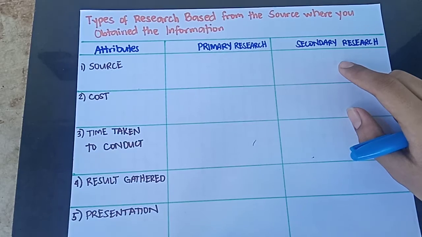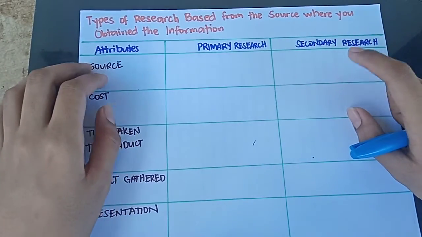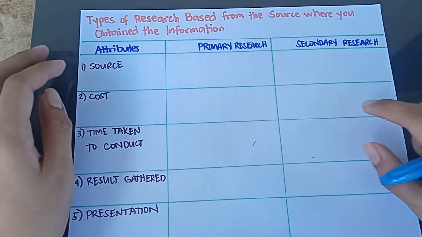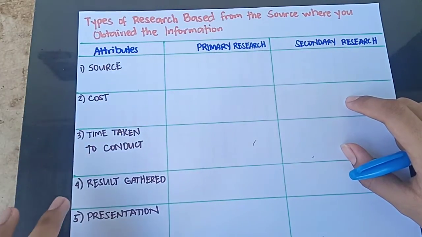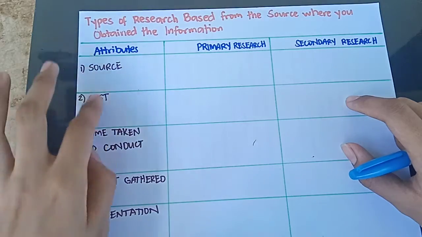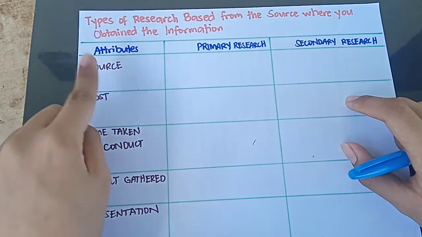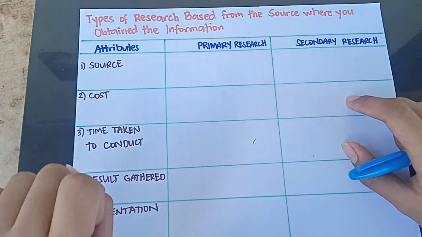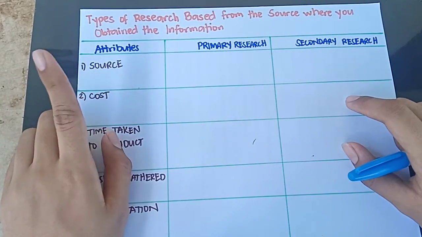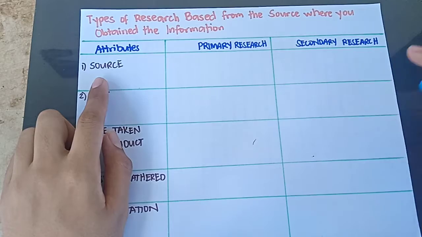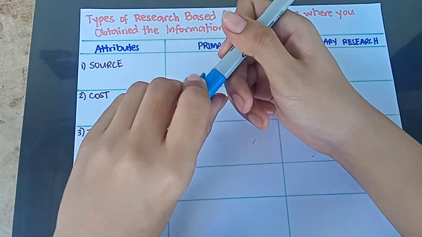So, let us try to differentiate primary and secondary research. We have these 5 factors that can differentiate primary and secondary research. The first attribute or the first factor that can differentiate the two is the source, where you find the information or where you obtained the information.